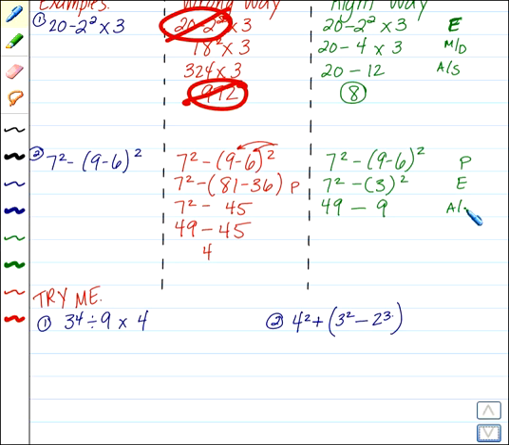And now we just use subtraction here. 49 minus 9 is 40. Now even though 4 is a reasonable answer, it obviously is wrong because you're not allowed to distribute the exponent across the quantity. Give these two down here a try, and then check back and hopefully our answers will match up. Let's see how you did.